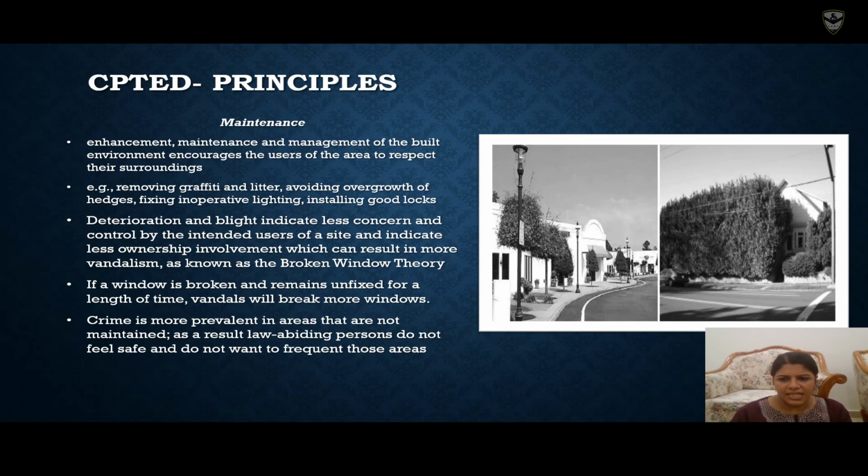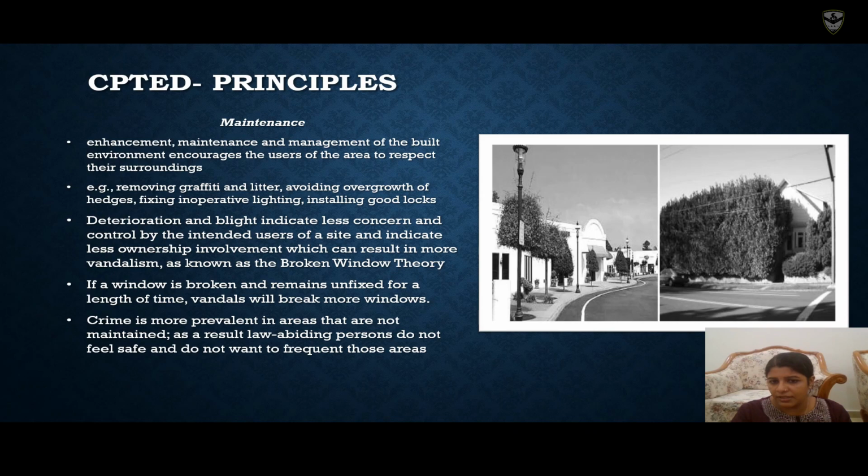The next is maintenance. This is something that I had already mentioned in territoriality also. So, avoiding overgrowth of hedges, fixing inoperative lights, installing good quality locks, removing litter. If you look at the picture, the first picture is well maintained.